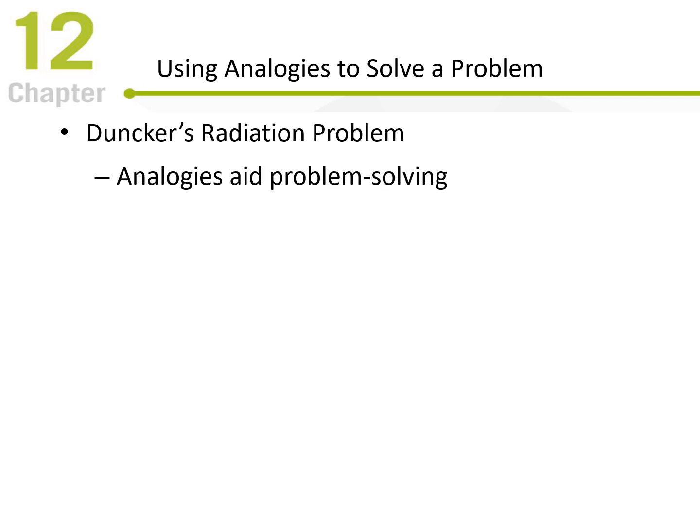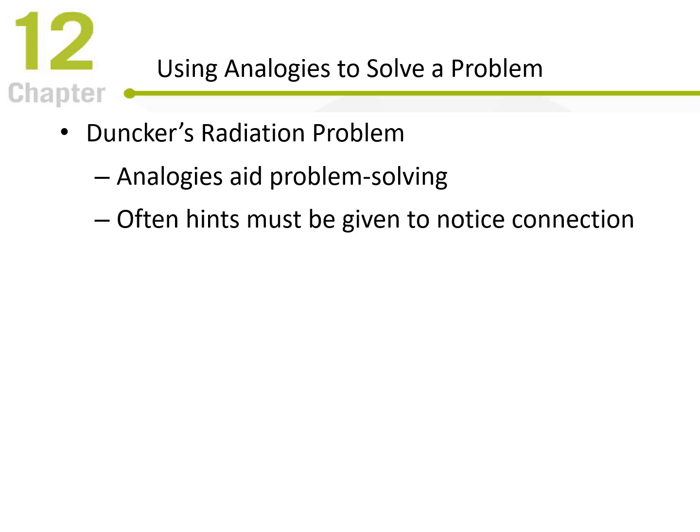Now, an example of a study that was done using this idea of analogies and studying whether or not people could actually do it was this particular one involving this radiation problem. Often hints must be given in order to notice the connection between the two problems that are being worked on. And what we find is that surface features tend to get in the way.